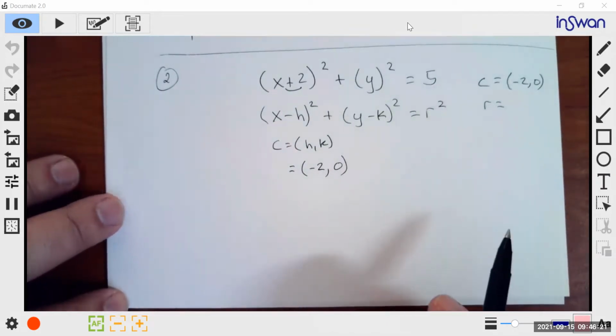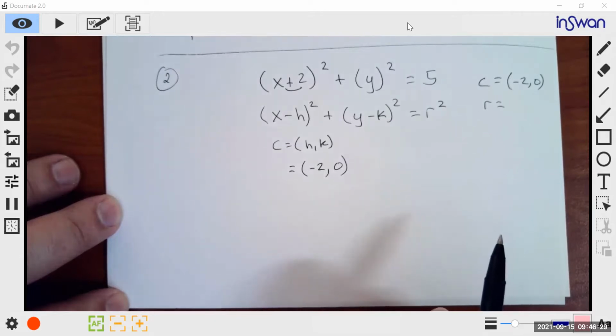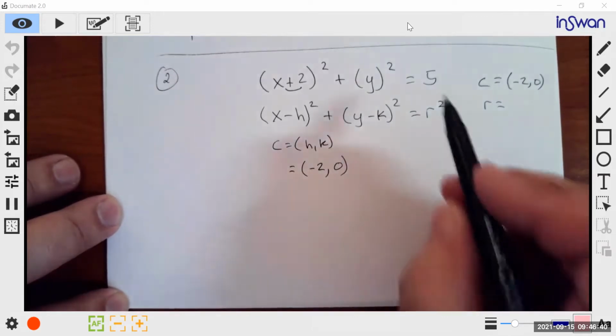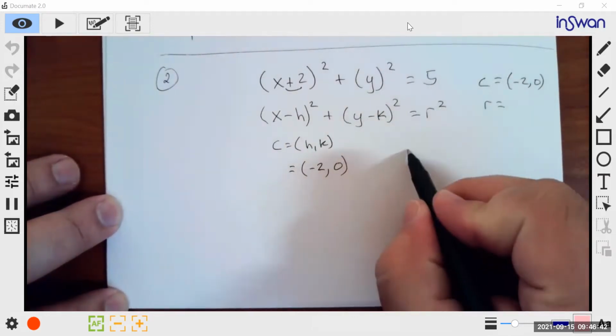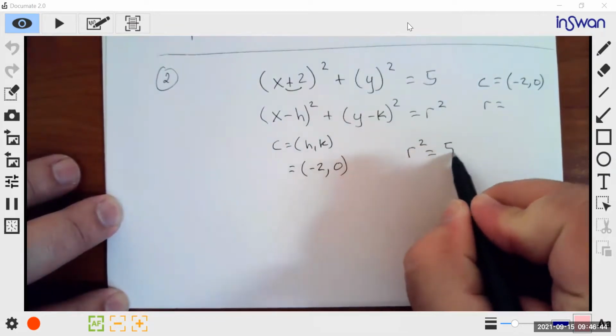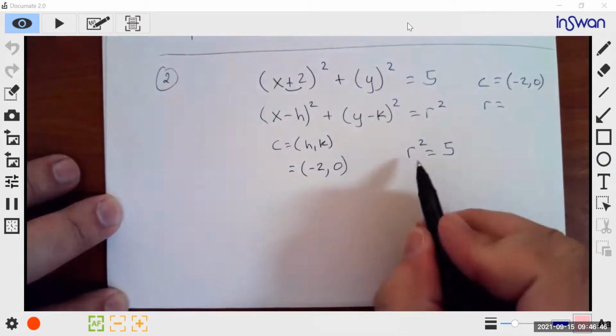What's the radius? Right. So right now we see that r squared is 5, right? So we're solving for r.